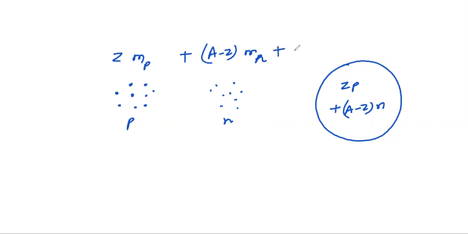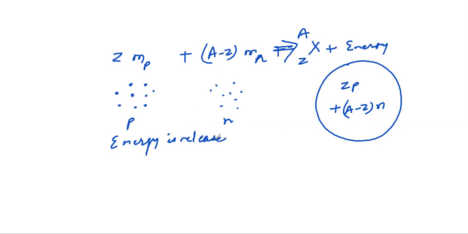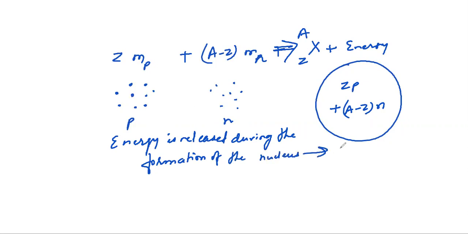So it will form a stable nucleus. But along with that, some energy will be released. Energy is released during the formation of the nucleus, and that energy is called the binding energy.